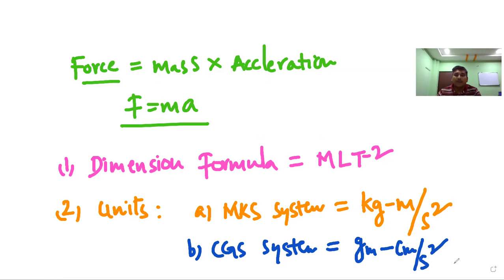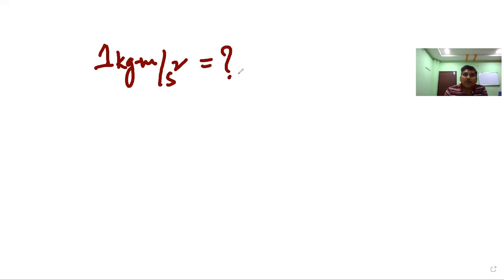Okay? Now, I would like to convert the MKS system of units of force into the CGS system. So, I want to know 1 kg meter per second square is equal to how many quantities of gram centimeter per second square.